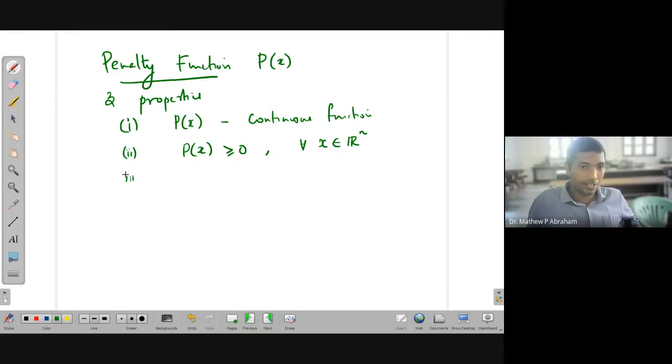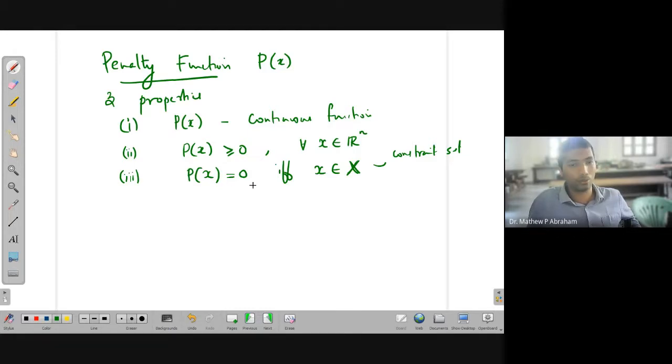And the third condition is the critical one. The third condition says that this penalty function needs to be equal to 0 if and only if x belongs to capital X. This capital X defines the constraint space, or constrained set. If an x belongs to this constraint set, then this penalty function must take the value 0.